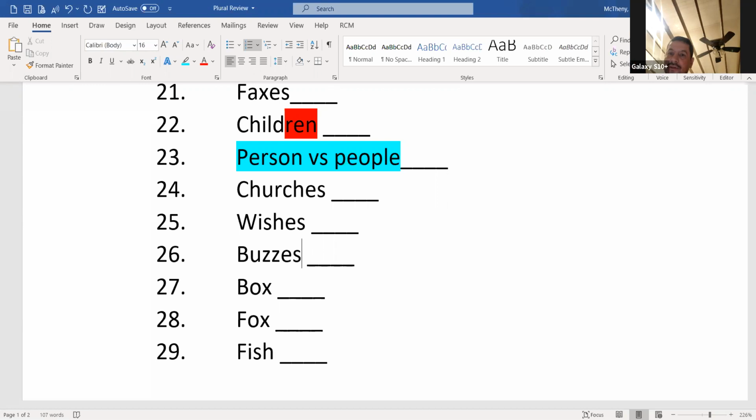I heard one mosquito buzz. He heard five mosquito buzzes. So if it ends with a Z, we need to add the ES. So you see CH, SH, Z.